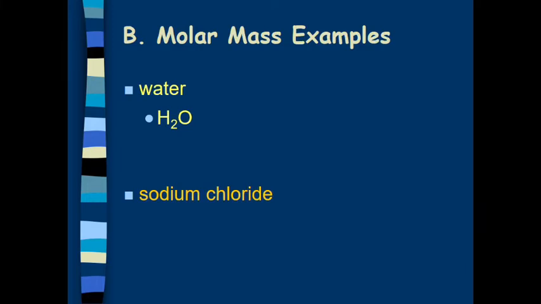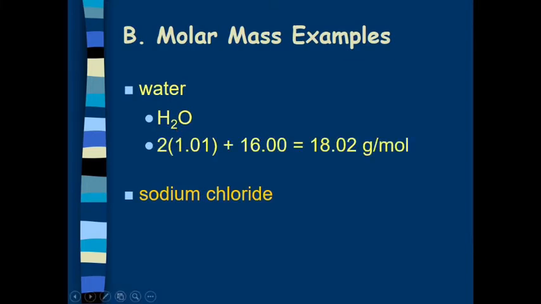So as I look at this, I have 2 hydrogen atoms and 1 oxygen atom that make up a molecule. So finding its molar mass, you have the 2 for hydrogen. There is hydrogen's molar mass from the periodic table.